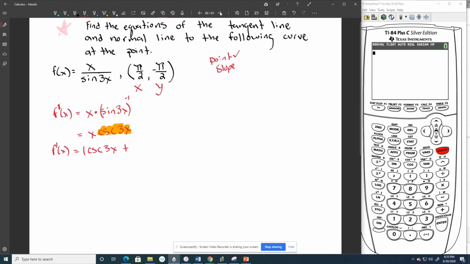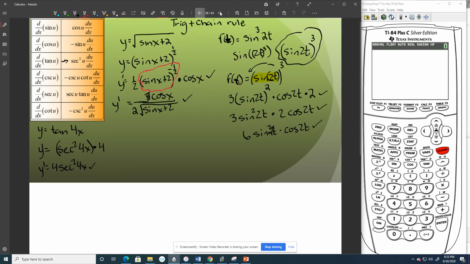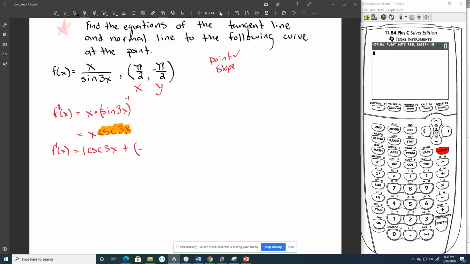First of all, the derivative of cosecant is, what was it? I think it's cosecant cotangent, right? Let's double check. We're all remembering these. The derivative of cosecant is negative cosecant cotangent. Okay, so we're going to do negative cosecant of 3x times the cotangent of 3x.